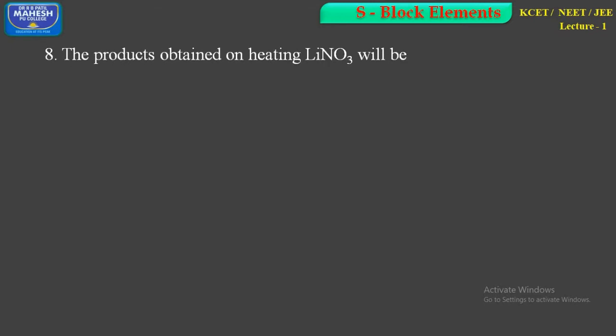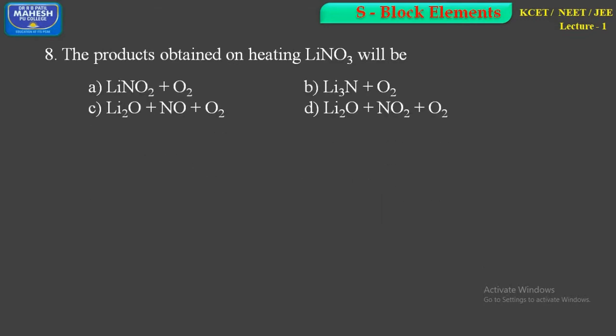Question 8. The products obtained on heating lithium nitrate will be option A, lithium nitrite and oxygen, option B, lithium nitride and oxygen, option C, lithium oxide, nitric oxide and oxygen, option D, lithium oxide, nitrogen dioxide and oxygen.